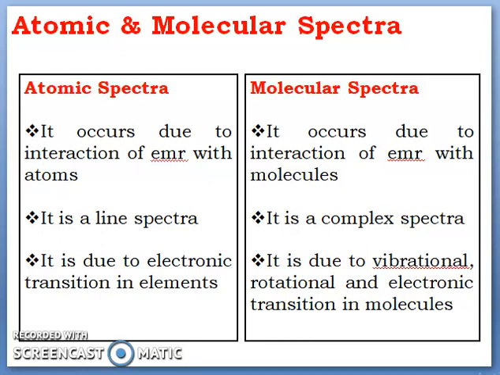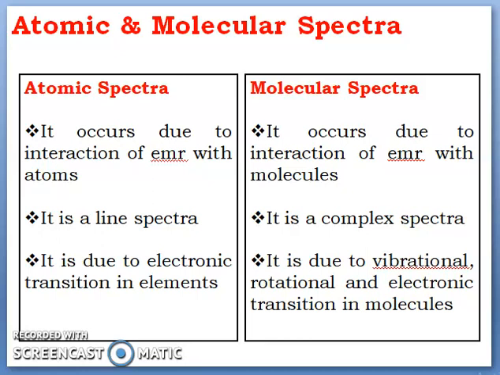I hope it is clear between atomic spectroscopy and molecular spectroscopy. Similarly, atomic spectra and molecular spectra. One should not get confused between spectroscopy and spectra. Let me clarify one more time.